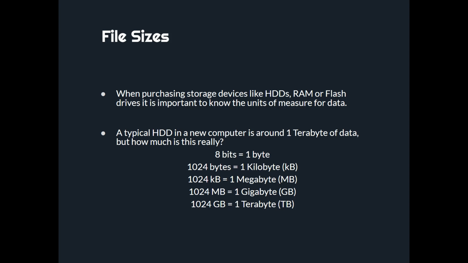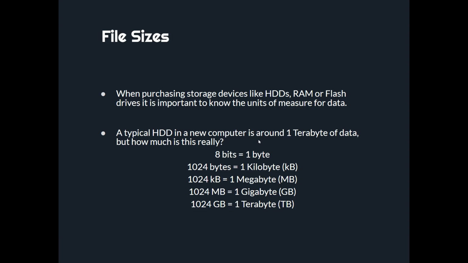So I'd multiply by 100 to get to the meter, and then I'd multiply by 1,000 to get to the kilometer. So I'm doing multiple steps of multiplication to get to the desired unit of measure. It's the same thing here. If I know how many I have, let's say I have 5 bytes of data, and I want to know how many megabytes that is, I've got to either multiply or divide to get to the right unit, depending on whether I'm going down this chain or going up that chain.